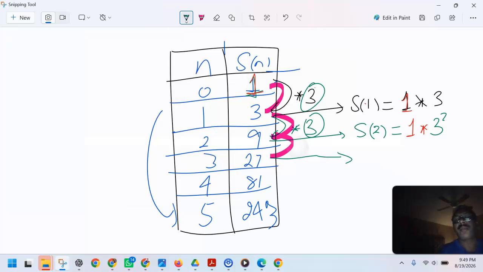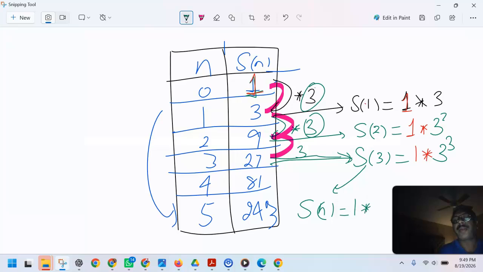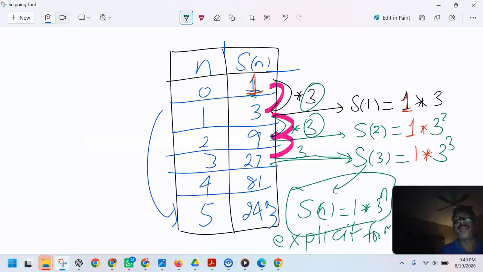Each triangle breaks into another 3. So this piece is S of 3. In the beginning it was 1, and to 1 you multiply the factor 3, raised to power 3. And likewise, you have Sn. If it is n, it is 1 times 3 raised to n. See, that's all it is, and that's called the explicit formula. I hope it works.